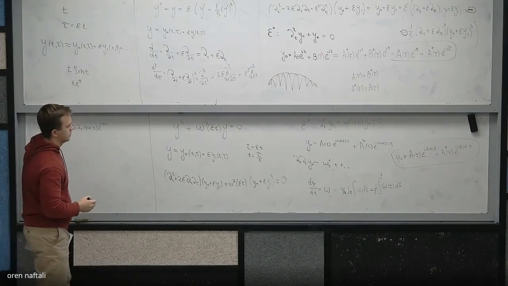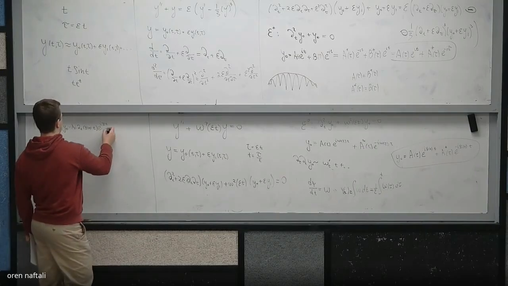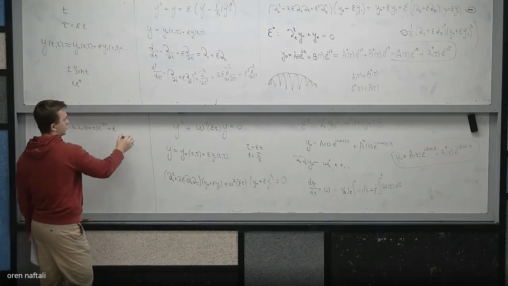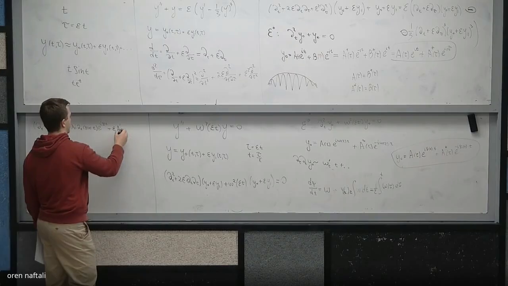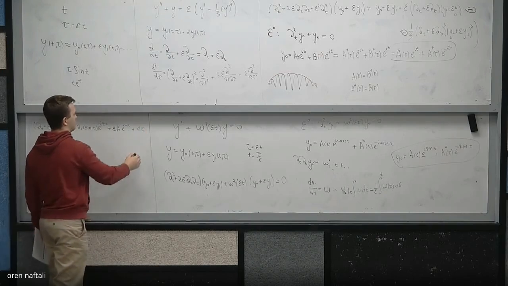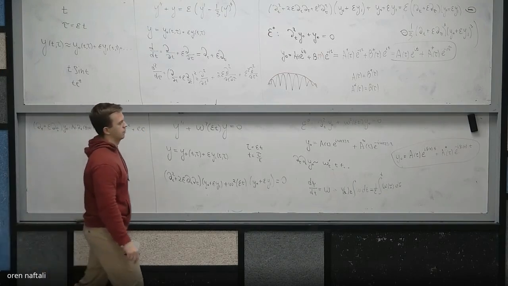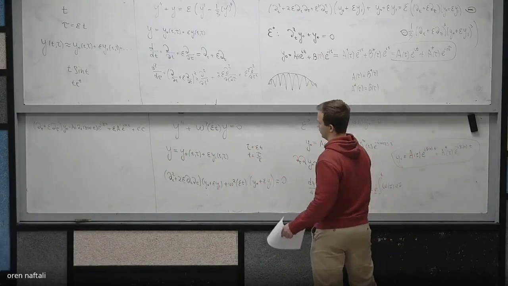This is the first one. Then I have plus epsilon times the derivative with respect to tau, so it's A prime times the exponent, and plus the complex conjugate of all this. The complex conjugate came from this second term.